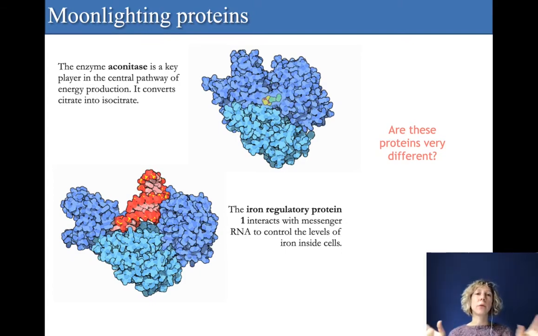So they were discovered kind of separately, and then people figured out it was the same. So these proteins are called moonlighting proteins, meaning they have their official job and some undercover job. And we have examples of them, but there may be much more than what we know right now. And the change is really big. I mean, we go from an enzyme, which catalyzes a chemical reaction, to just binding to RNA.